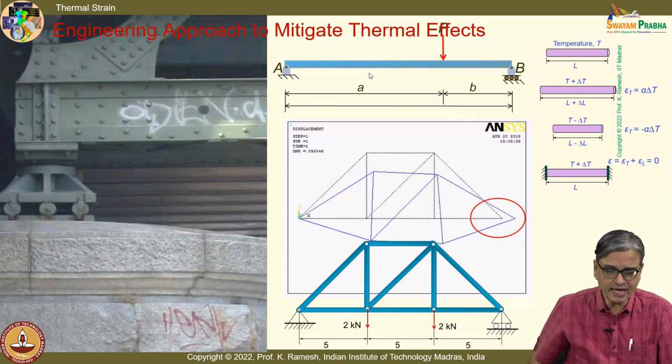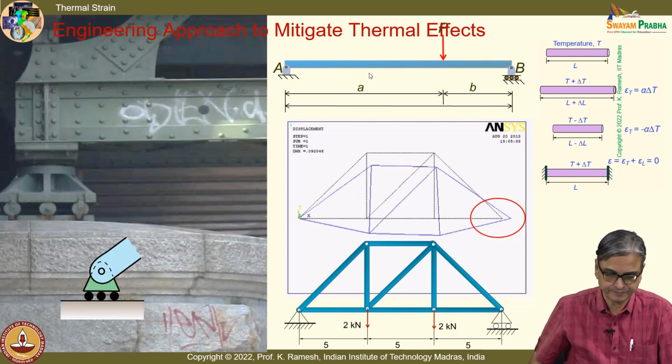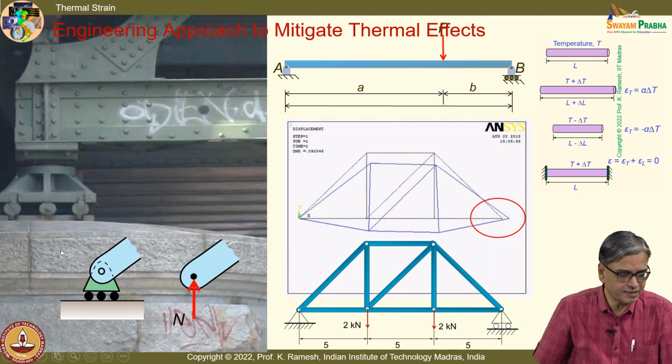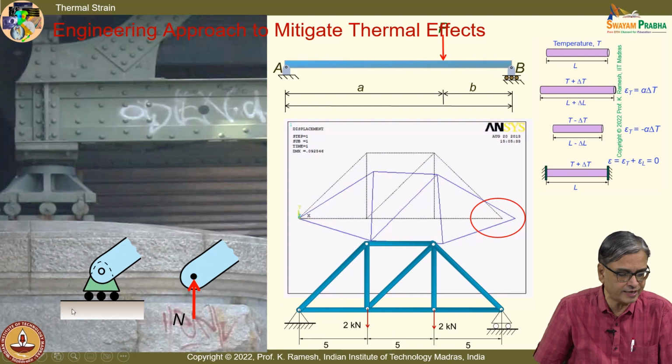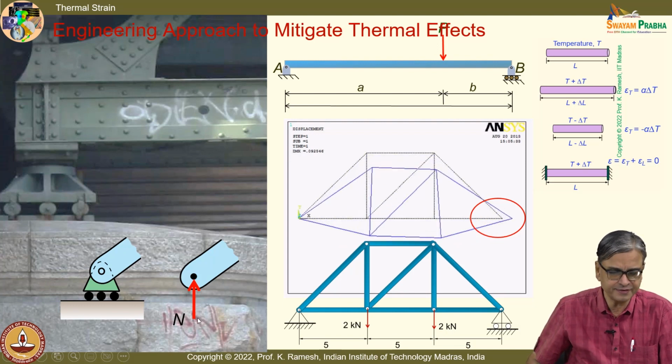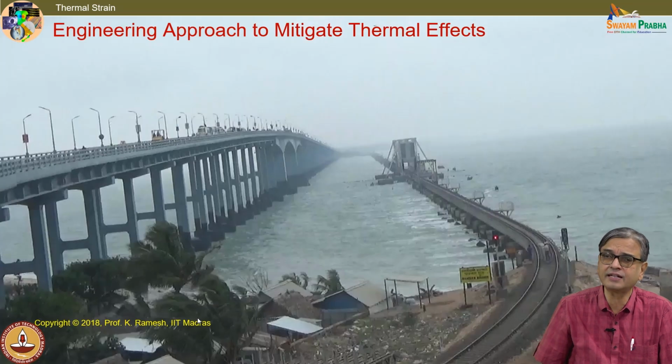And there are also other applications. Before we go into that, from your engineering mechanics, you can replace this support with a simple normal reaction, fine. There are also other applications. See, this is in Rameshwaram, you have a rail bridge on the sea, also a road bridge.